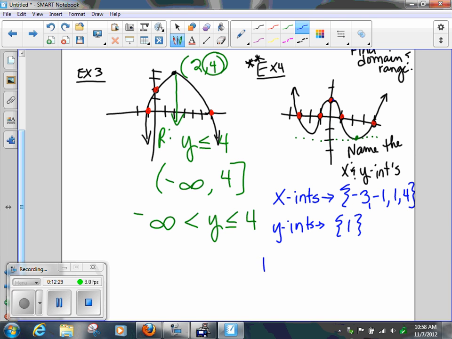Domain and range. Let's look at the width of that curve. What's the domain? What are all the x values going to be for that weird looking curve? Negative infinity to positive infinity, or all real numbers. You could also put the all real symbol, that double R thing. How about the range? -2 to positive infinity.